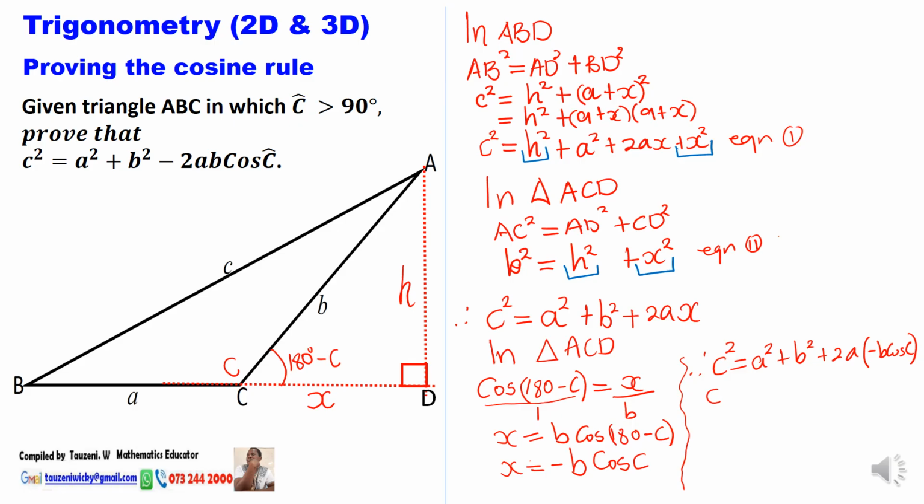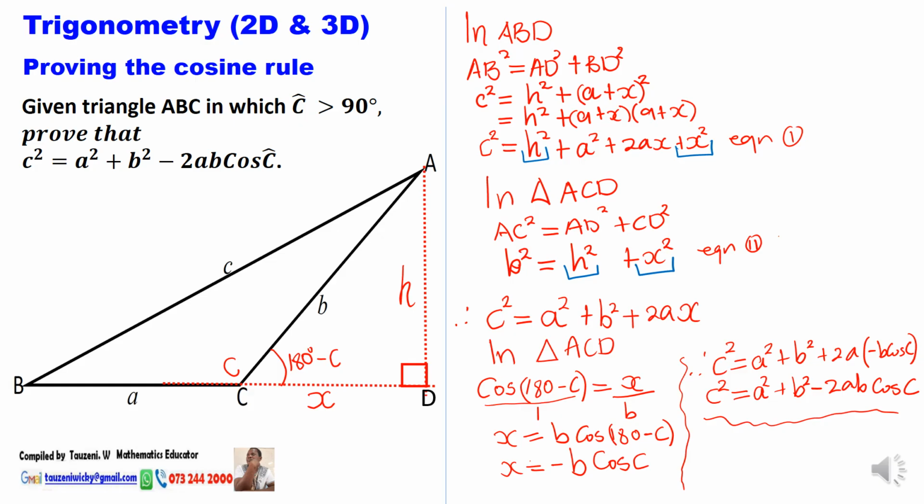Then if you simplify that, you get c squared is equal to a squared plus b squared. Then this positive will now become negative, minus 2ab multiplied by the cos of c. And that completes the proof for the cosine rule in an acute angled triangle.